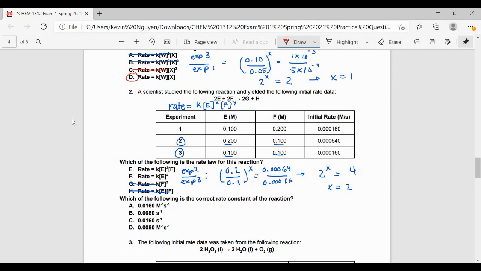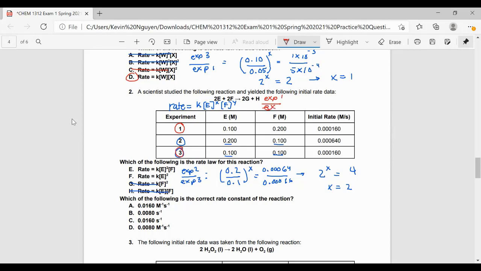Looking for the exponent for F, we need to find 2 experiments where E is constant. So it looks like we're going to use 1 and 3. Experiment 1 over experiment 3.